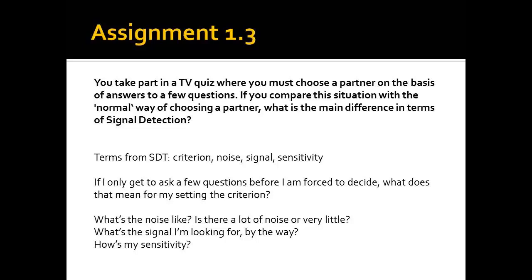The second is choosing a partner the normal way, and we'll just assume that choosing a partner the normal way means by getting to know this potential partner over time first, through regular, casual conversations before making our decision.